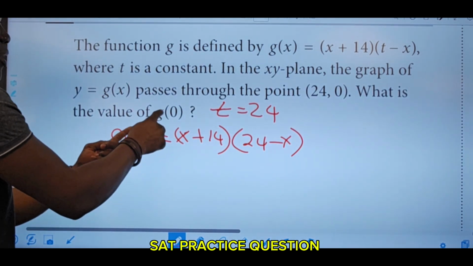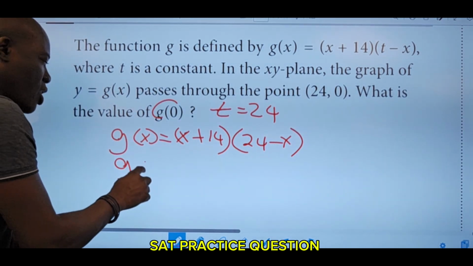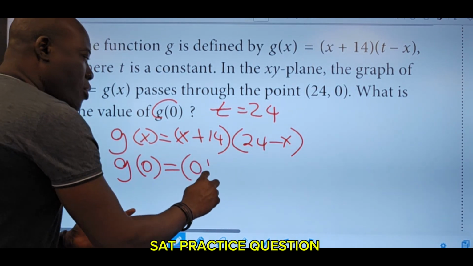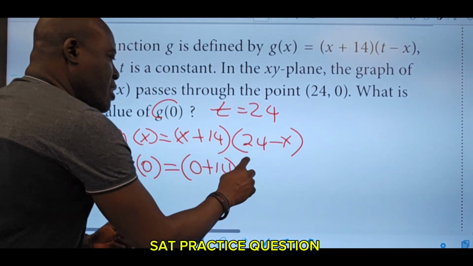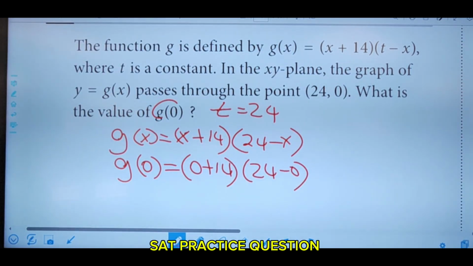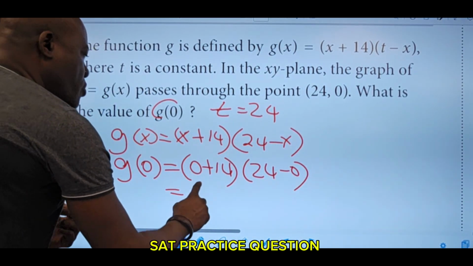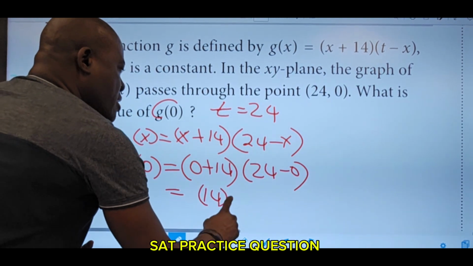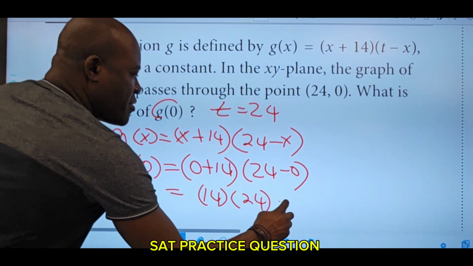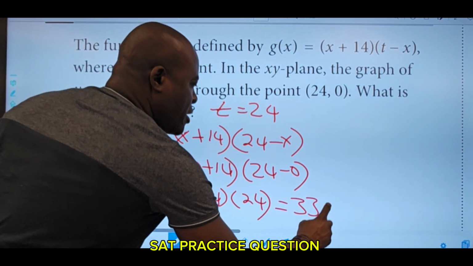Now I'm going to evaluate g of 0. So g of 0 is simply substituting 0 where the x is. So at this moment, what we have is actually 14 times 24. So 14 times 24 gives us 336.